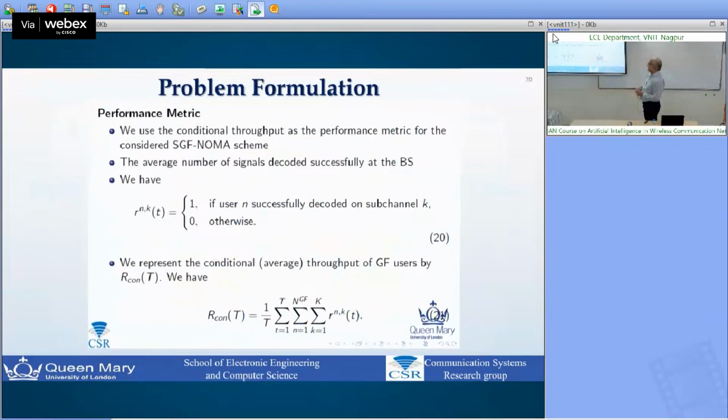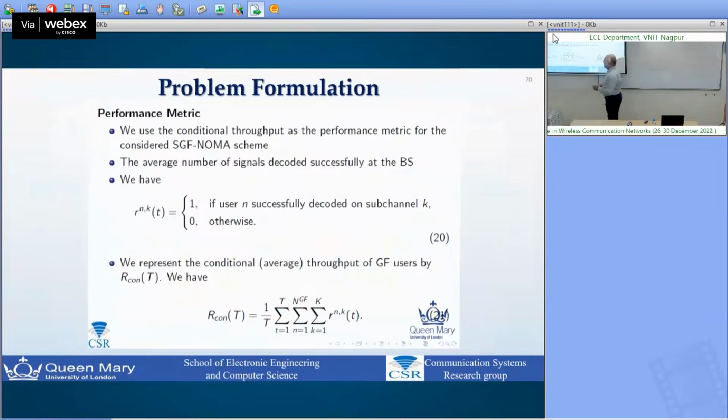That means if two users select the same power level, they cannot be decoded, so then the value will be 0. If they are decoded correctly, the value is 1, otherwise 0. So this value can be 1 or 0 for a particular user in a particular channel.